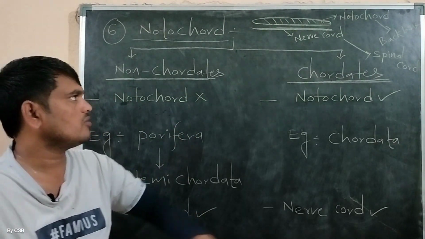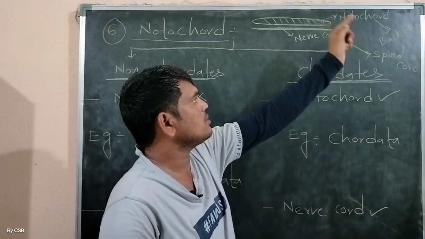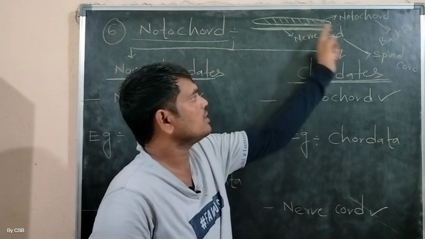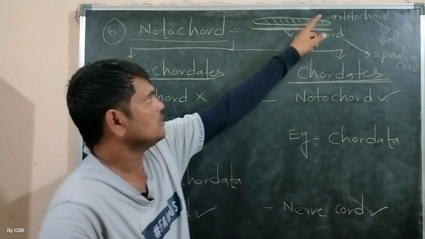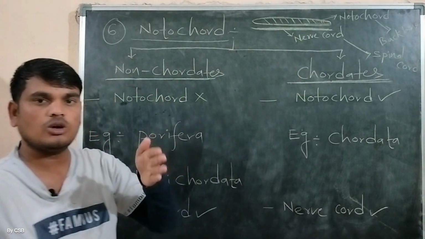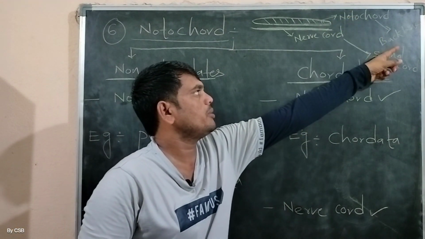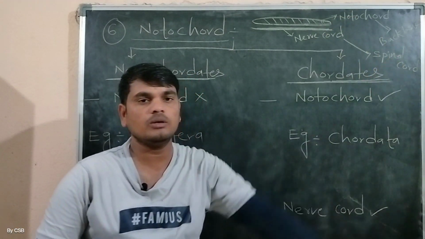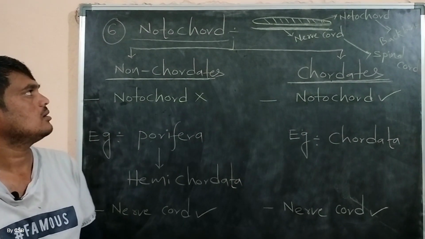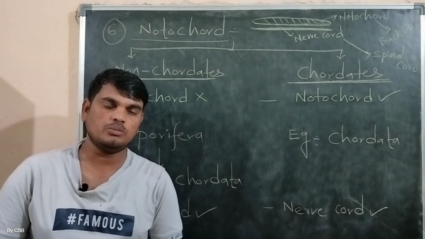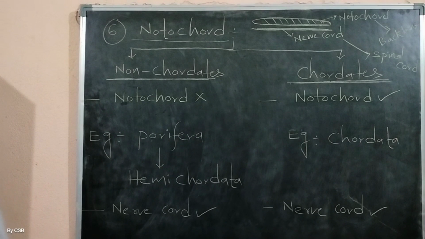In a human being, notochord is replaced by the backbone and nerve cord is replaced by the spinal cord. After birth, notochord develops into the backbone and nerve cord develops into the spinal cord. This is the notochord presence and absence. Take a screenshot.